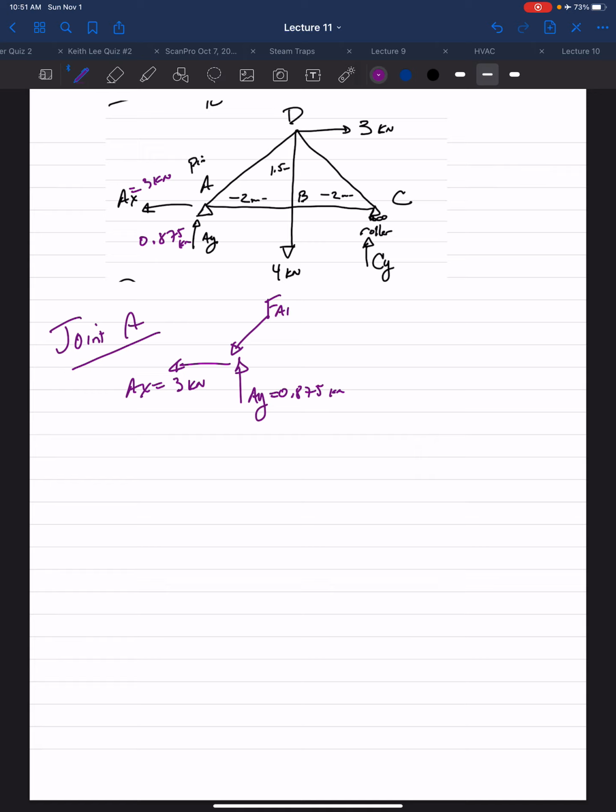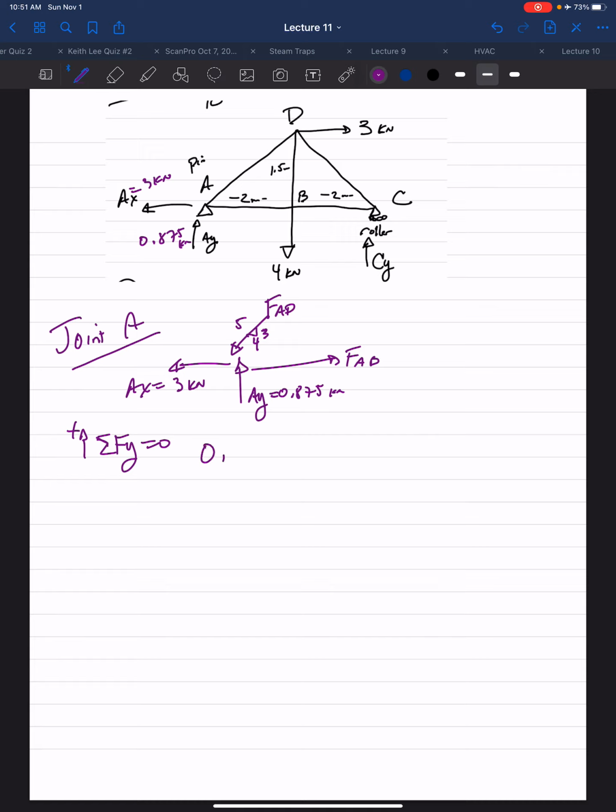So FAD and now FAB. Two knowns, two unknowns, we can work it. So I take the sum of my forces in the y direction.